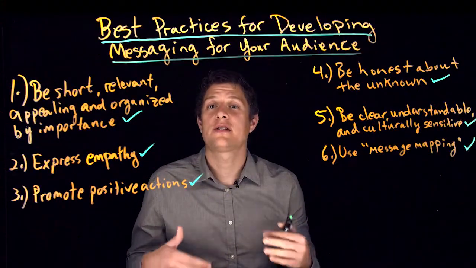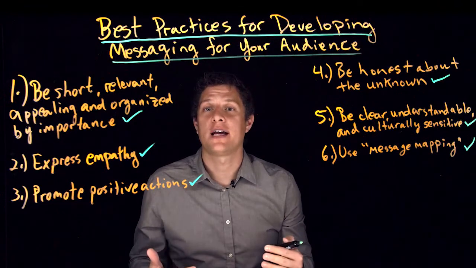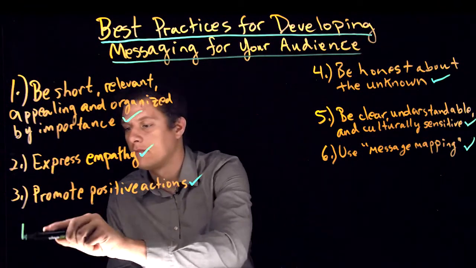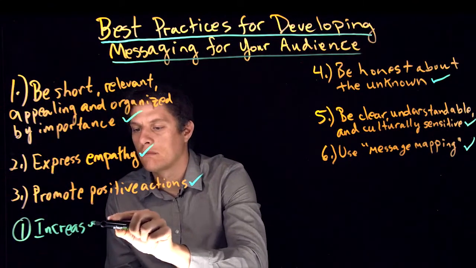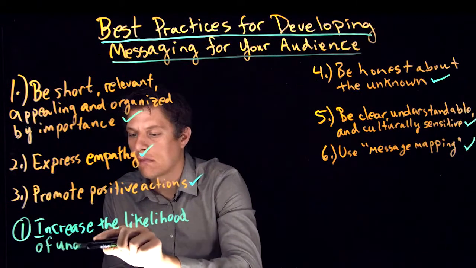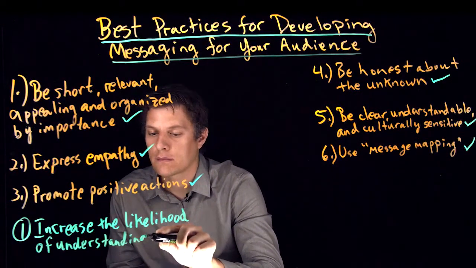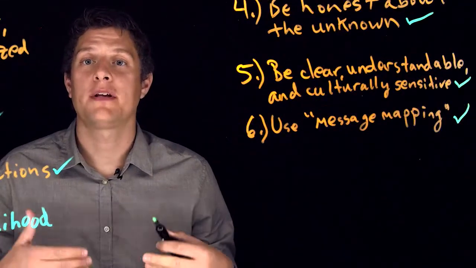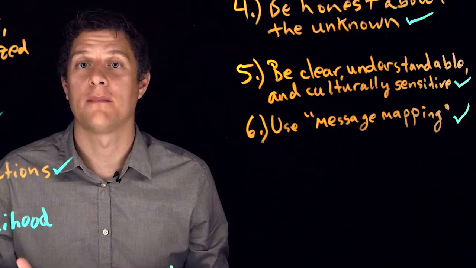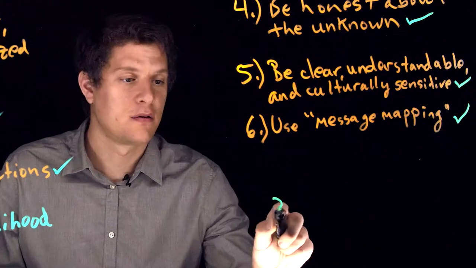First, increase the likelihood that people will understand your information about the health threat, such as COVID-19. And second, follow your public health recommendations to prevent or reduce the risk of harm, such as getting a vaccine.